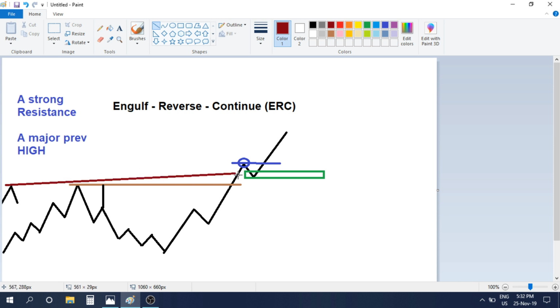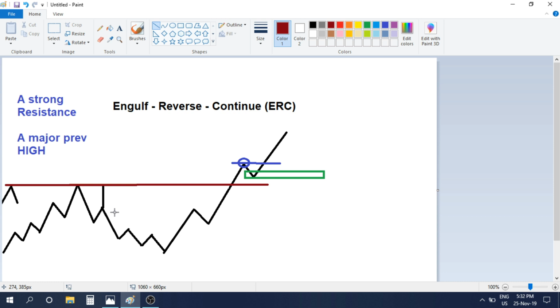Okay, this was part of that. So this again becomes a major important barrier. Okay, a very strong resistance. This is the example of that previous high.